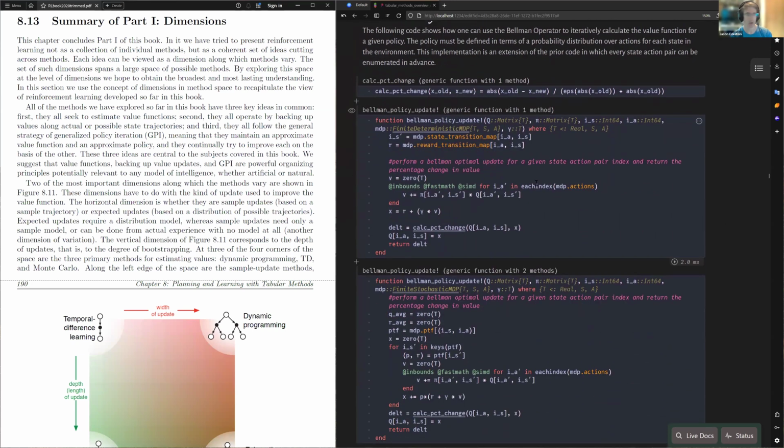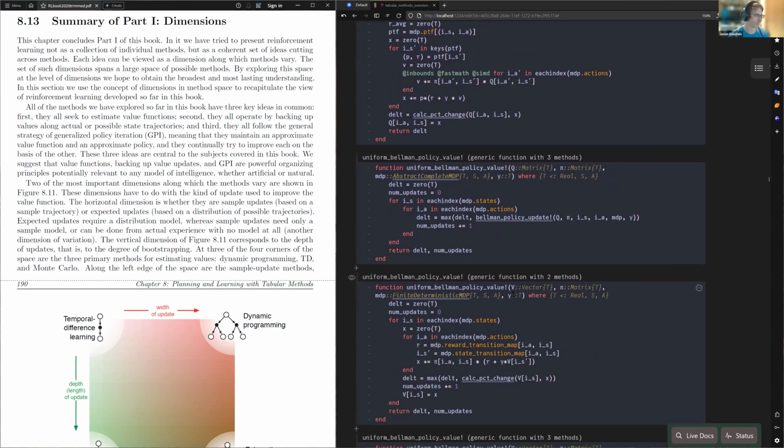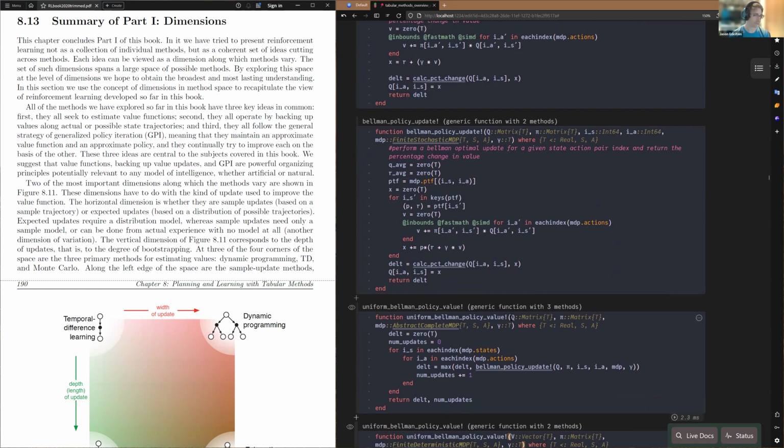That is what is done in this Bellman policy evaluation, where there are these update functions that will go through. Here it's doing it for the state action value function. I'm representing the state value function as a vector and the state action value function as a matrix, where again, just like the policy, the state action pairs are represented by the indices of the rows and columns.